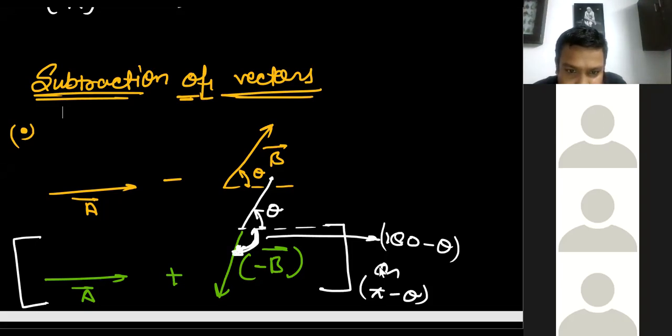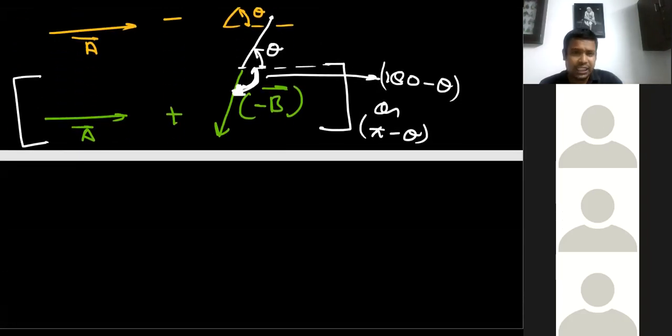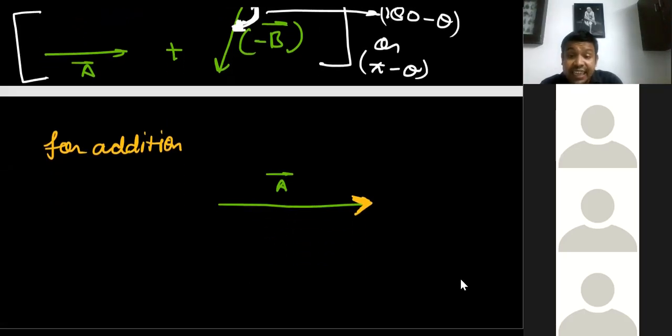Now for addition, please remember this thing. The head of the first vector, this is the vector A, this portion is called the head, and the head of the first vector is joined with the tail of the second vector.